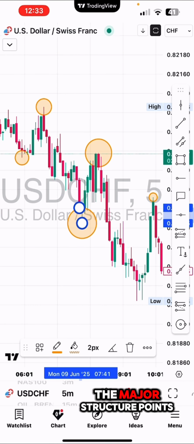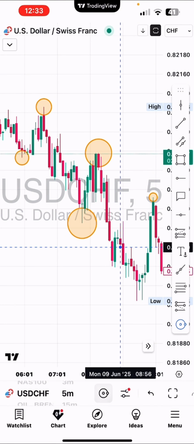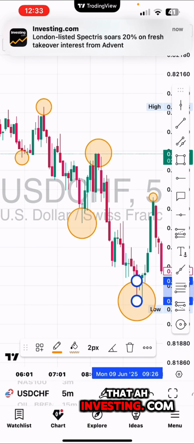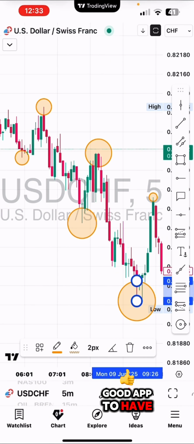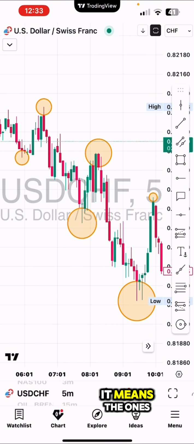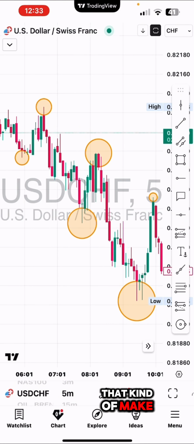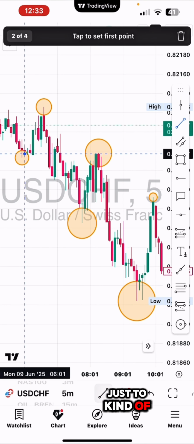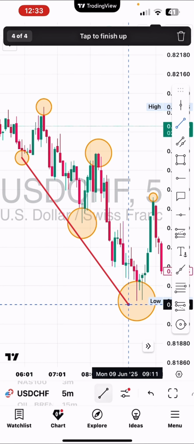Now when it says the major structure points, it means the ones that kind of make up the outside line. Now when I say that, let me just use a trend line just to prove what I'm trying to say here.